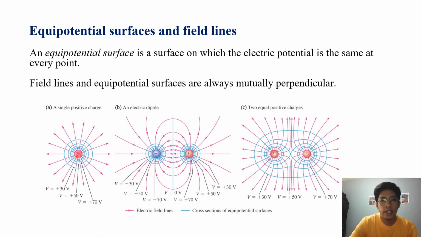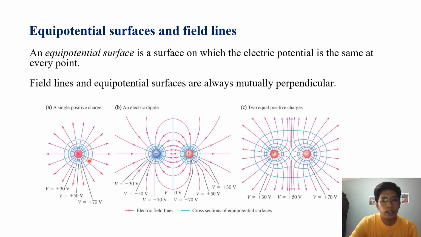Your electric field lines move radially outward. And since your equipotential surface and your field lines are mutually perpendicular, if you draw perpendicular lines to your field lines, you'll see that you're actually forming circles around your charge.